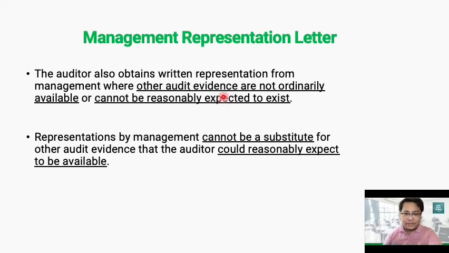Examples would be intentions, or judgments or estimates coming from the management. For those significant judgments, significant estimates, or estimates based on intention, there is no other available evidence but representation from management. So we ask for a written form of it in the form of the management representation letter.